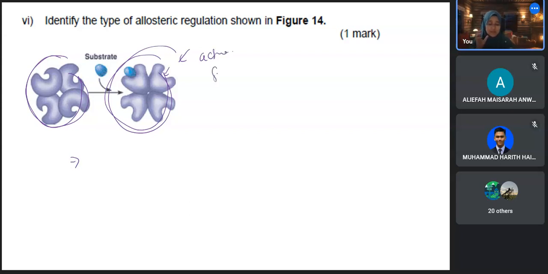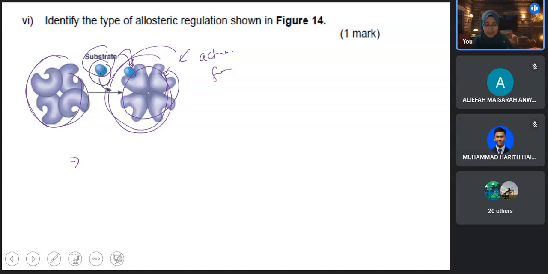In order to activate the enzyme, you need only one substrate to bind to one of the active sites. So that is cooperativity: substrate binds to the active site of enzyme to activate all subunits of the enzyme.